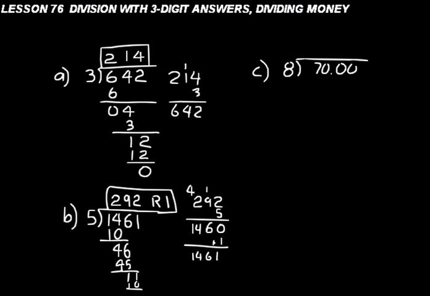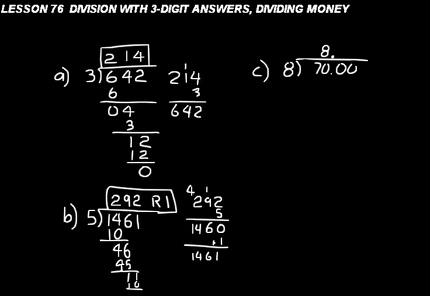So the first thing we should do is put the decimal place in the quotient right above where it is in the dividend. And let's just start doing our division. 8 can't go into 7, but it can go into 70. That would be 8 times, because 8 times 8 is 64. 8 times 9 is 72. That's too high. So we'll put an 8 right here.